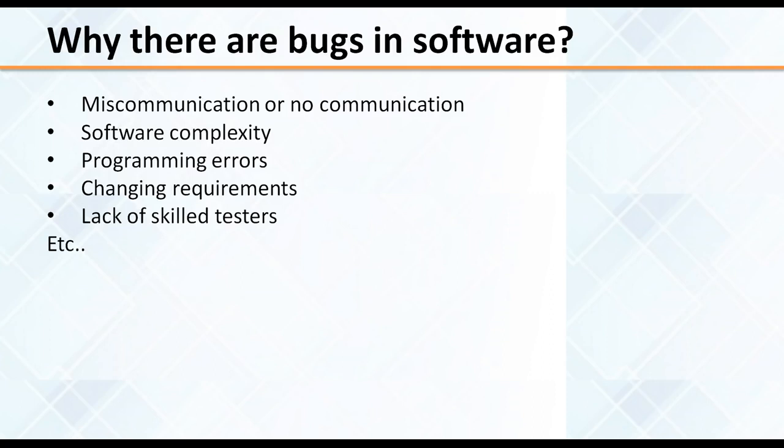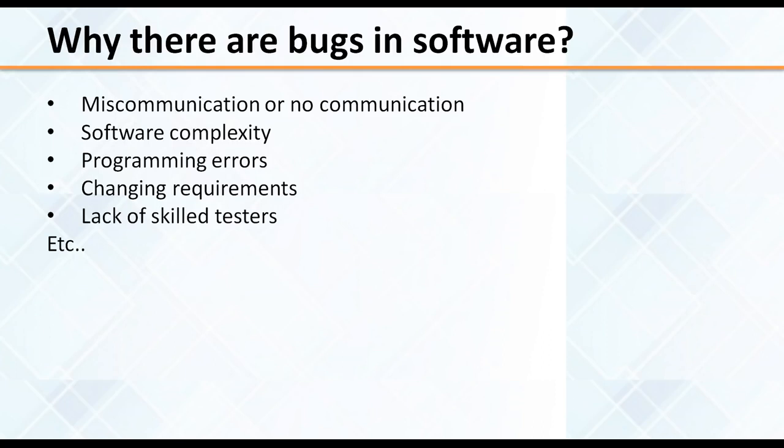That is a common thing. And programming errors. Suppose the developer has not written the program correctly, then at a later point of time that will cause issues in the application. So that means the root cause is that the developer did not develop properly. Okay, let us take an example.